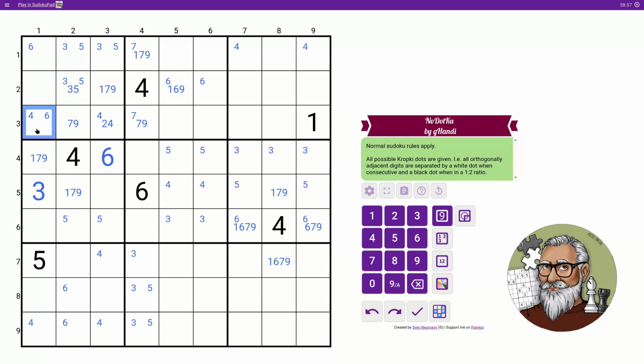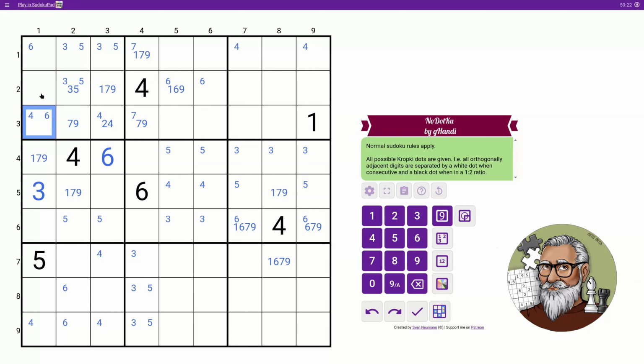Is it again about, if this is 4, then we have 179 here. That's a 6. So those become 3 and 5. That's a 2. And that's a 1. No, hold on. Where's 8? If that's 4, that's 6.